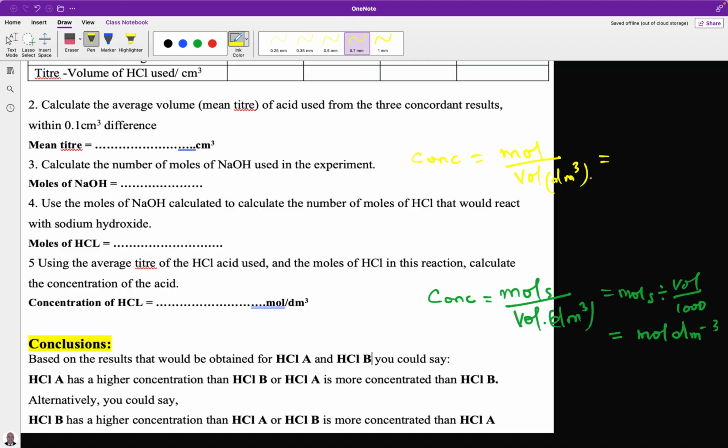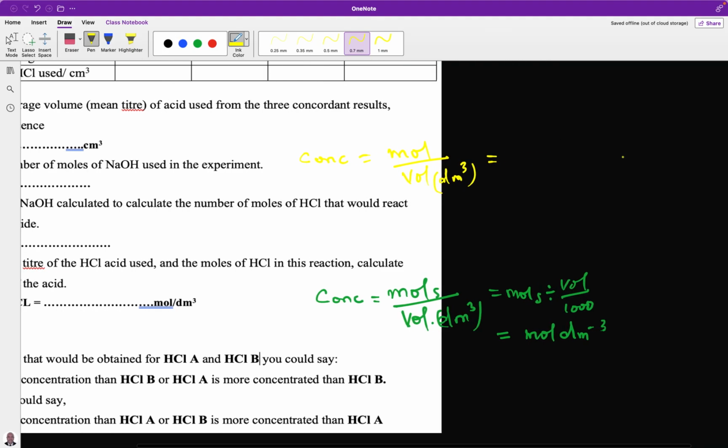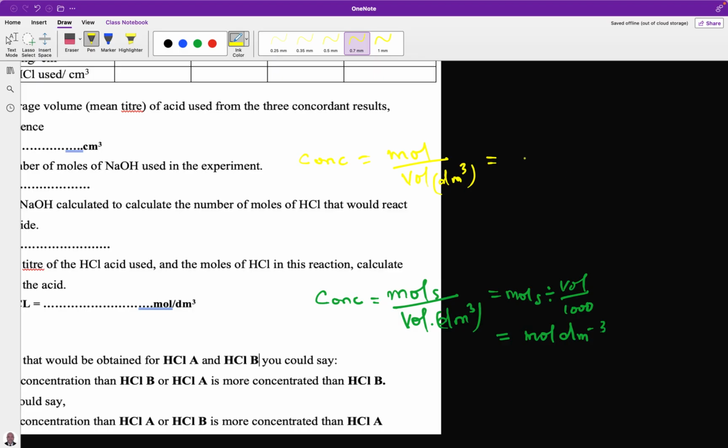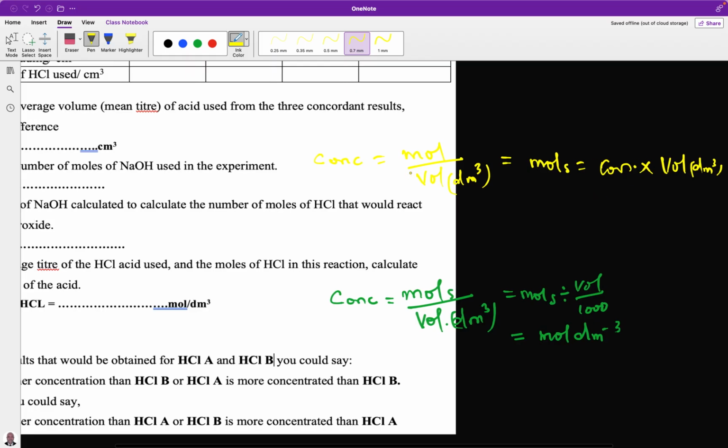What you do here is rearrange it: the number of moles will be concentration times the volume in dm cube. That is how you get the moles of sodium hydroxide.